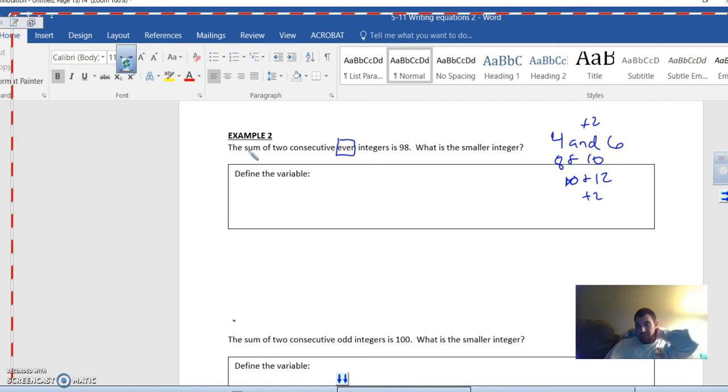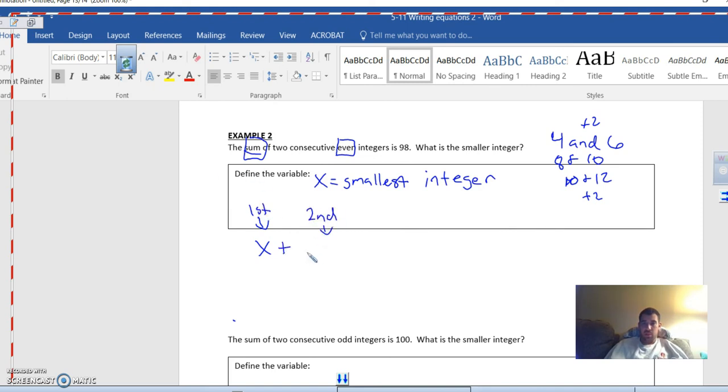So, if we want the sum, addition, two consecutive even integers, we're going to have to do, well, first x is our smallest integer. Then the next one, so if x is our first integer, what's the second integer?